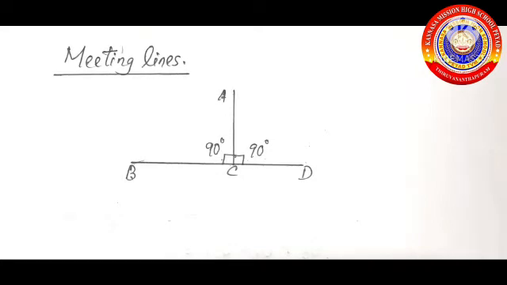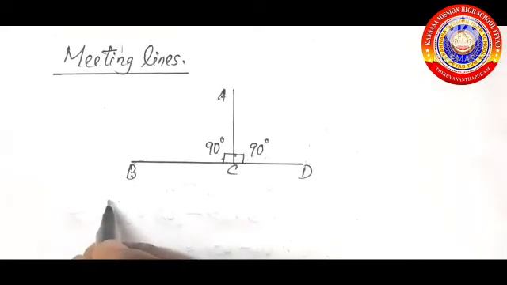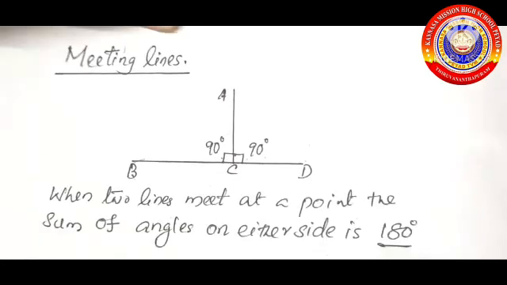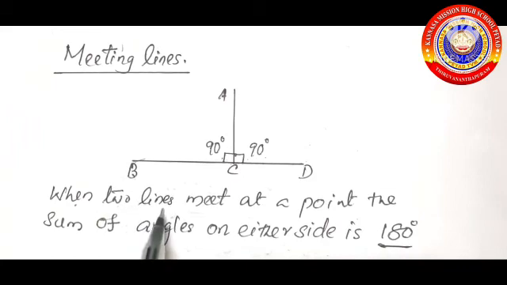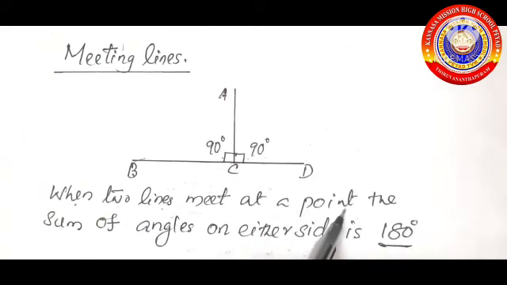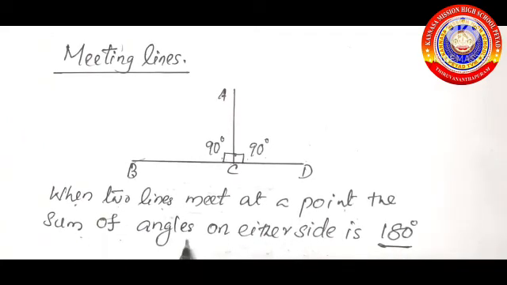Thus, we can write this as a general principle. When two lines meet at a point, the sum of the angles on either side is 180 degrees.